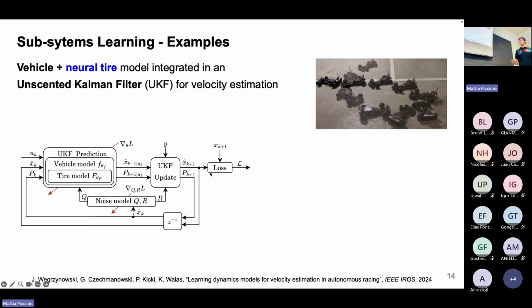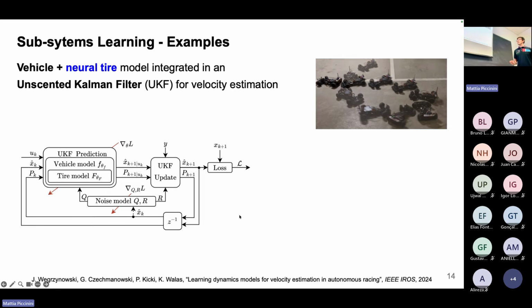And then they were taking a standard UKF update, Kalman filter update, and then propagating everything back. And here the trainable part was the entire model. Okay, you see, they wanted to compute the gradient of that with respect to F, but also the covariances, Q and R. This is more classical in the Kalman filter. You have to learn the covariances, Q and R, for the process noise and measurement errors.